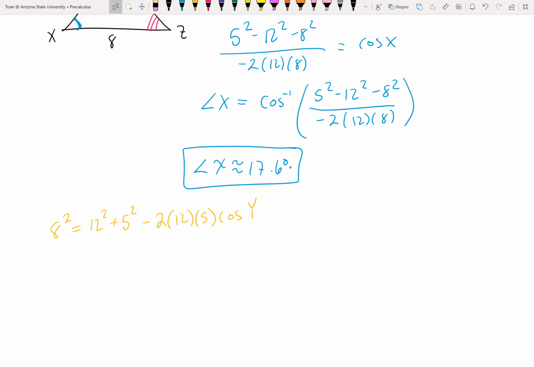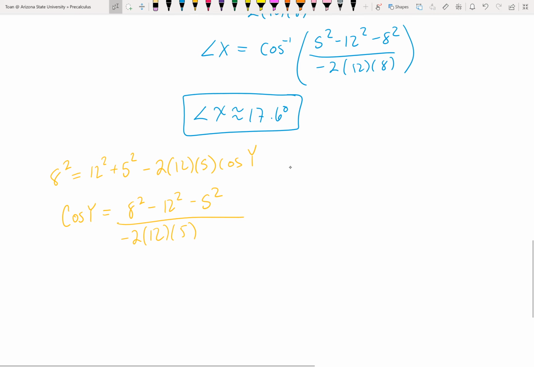I'm just going to fast forward through the algebra because it literally is the same concept, same algebra as angle x, the blue work here. But if you were to go through the algebra, you're going to get cosine of angle y is equal to (8 squared minus 12 squared minus 5 squared) all over this mess here, negative 2 times 12 times 5. That way I can take the inverse cosine and get approximately 28.9 degrees.